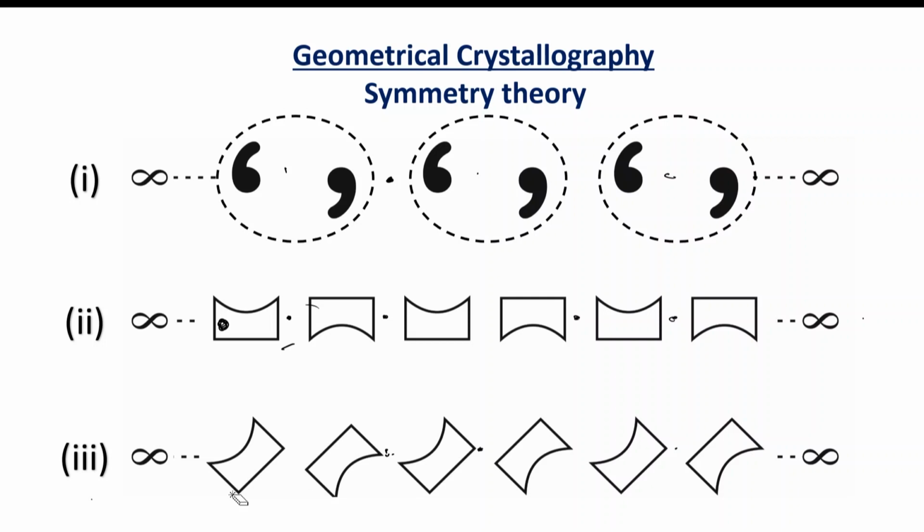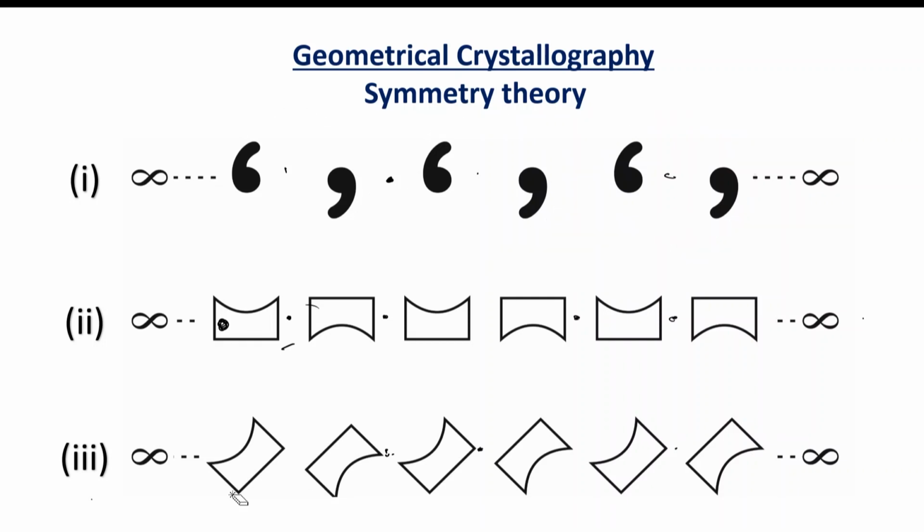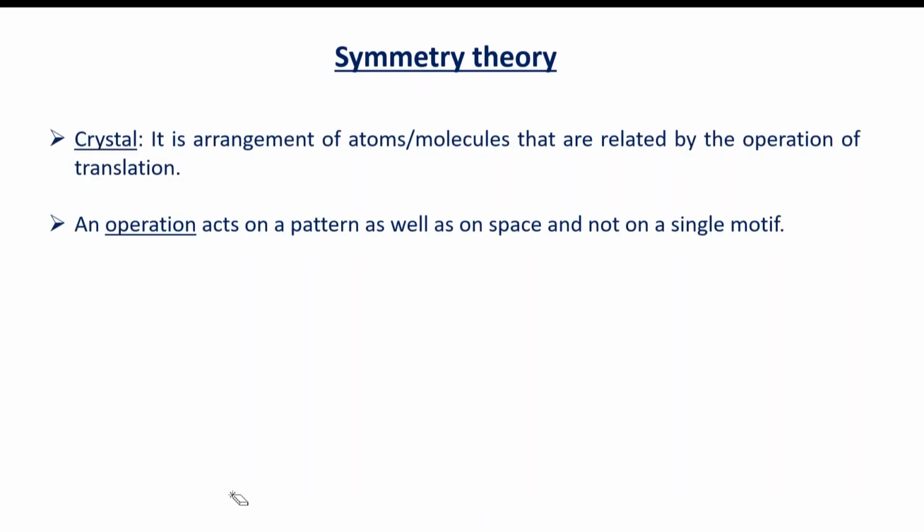So, if I now want to simply define it, obviously an operation acts on a pattern as well as on space and not on a single motif. This statement is extremely important: whenever we are talking about a symmetry operation, it acts on a pattern as well as on space, not on a single motif.